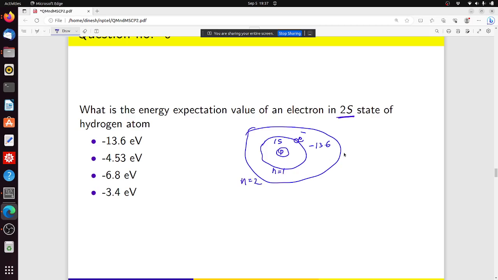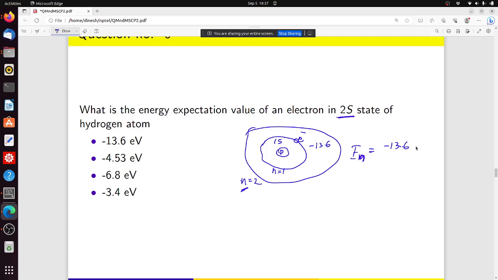So the energy of any orbital for a hydrogen atom is minus 13.6, and there will be some function of n. I am writing it as En. So where will this n go?